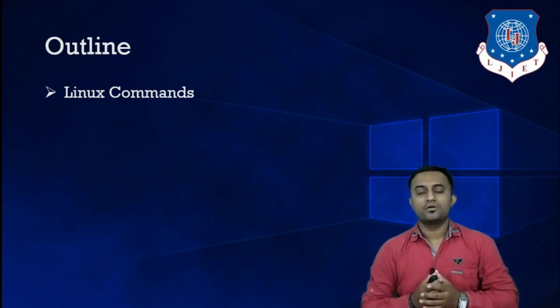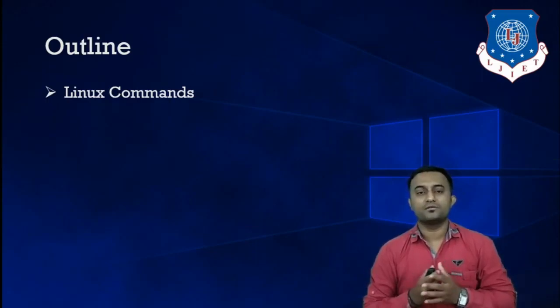The second option is for those who are already using Windows and are not interested in formatting the existing OS to install a dual operating system. Such students can go for the second option.